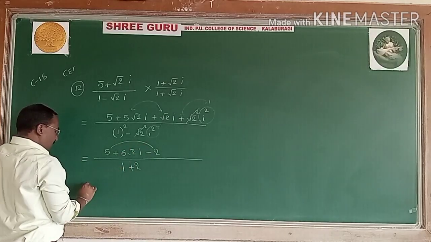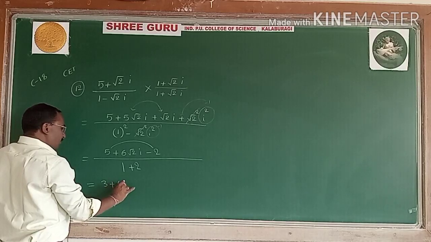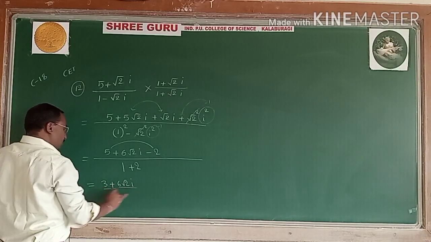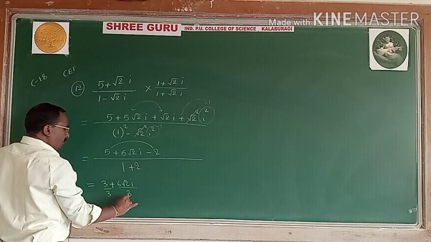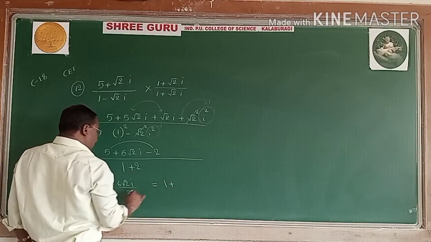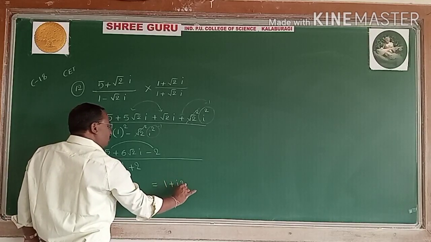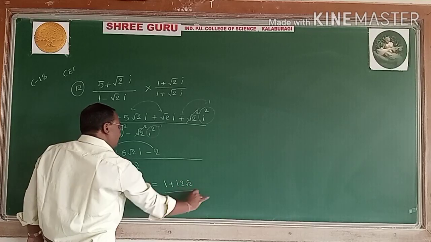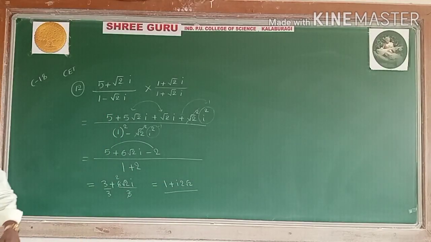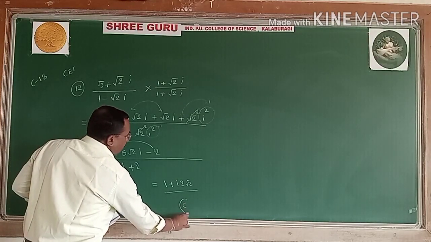Real part 5 minus 2 is 3, plus 6 root 2i, divided by 1 plus 2, which is 3. This can be written as 1 plus 2 root 2i, that is the third option.